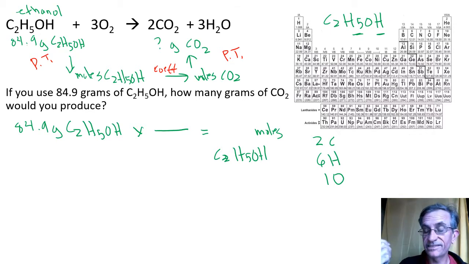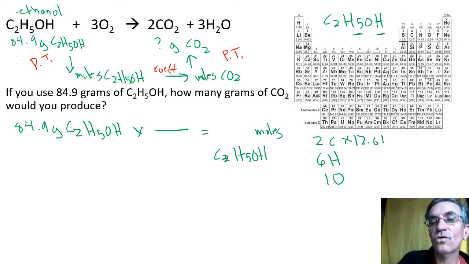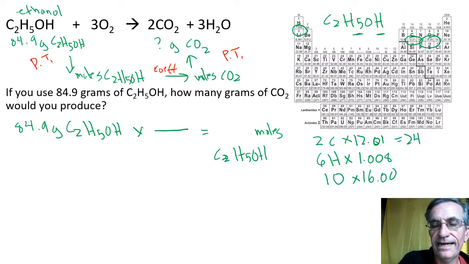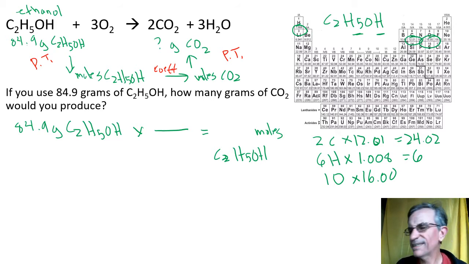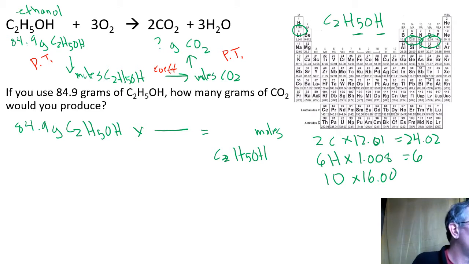Let's see if you got it right. It should be double your carbon, 12, 6 times your hydrogen, and once times your oxygen. Let me work this out a little bit. Oh no, where did I put my calculator? Oh, right here it is.